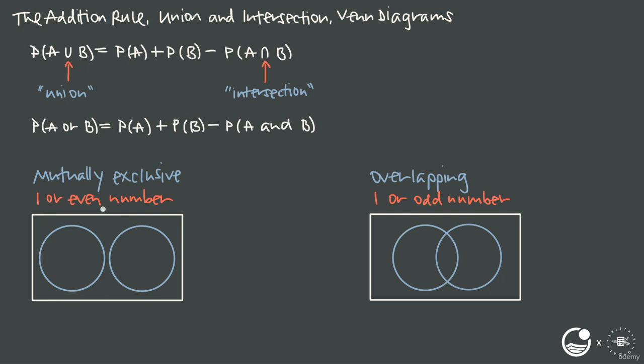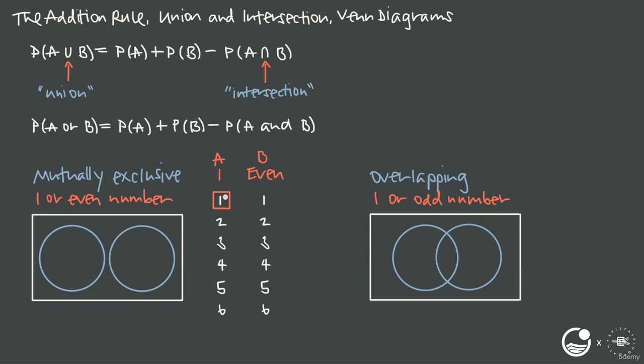Those are mutually exclusive events because if we think about it this way, if we have a single six-sided die and we roll it one time, and we say that event A is getting a 1 and event B is getting an even number, well, the only die roll that results in 1 is this roll right here.